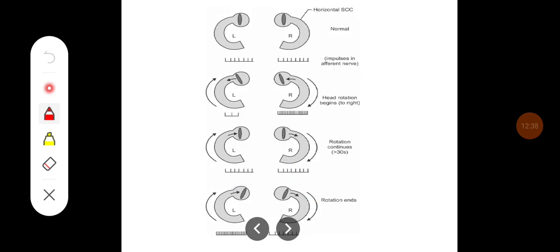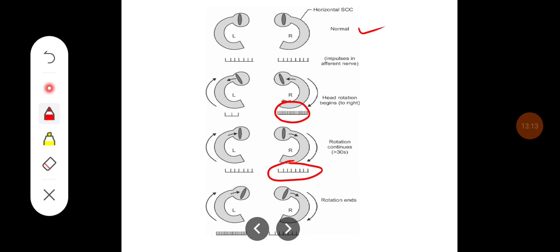Okay, so this is when the normal semicircular canals, when head rotation starts. There will be the movement of endolymph in the opposite direction, and there will be increased discharge from the right semicircular canal. When the rotation continues, there won't be relative movement of endolymph with the sensory organ, and there will be no extra discharge.